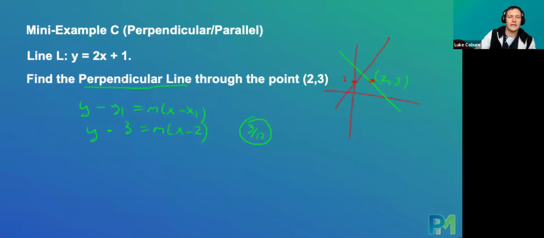Okay, and then we also need this perpendicular bit. Perpendicular to this line, m1 is equal to 2, and this line here, m2 is equal to, well, what's m2 equal to? It's by doing this stuff here, by drawing the diagram, that it jogs the memory.